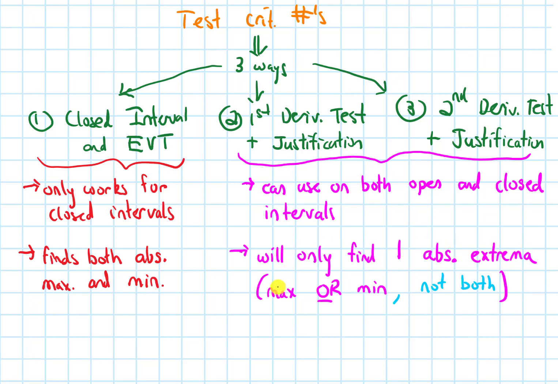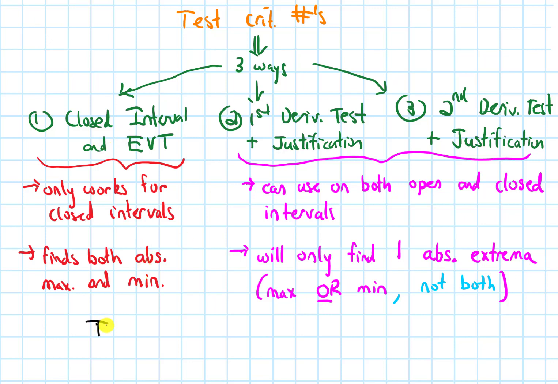So it'll either find the absolute max or the absolute min, but not both. So for example, if I'm doing an optimization problem that's asking for a max, and I decide to use method 2 or 3, and that gives me a min, it typically means one of 2 things. Either I did something wrong in my computation, or it was actually a closed interval, and I needed to do the closed interval method to find that min.